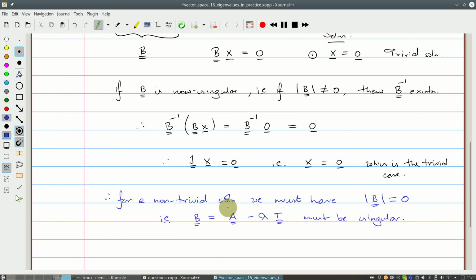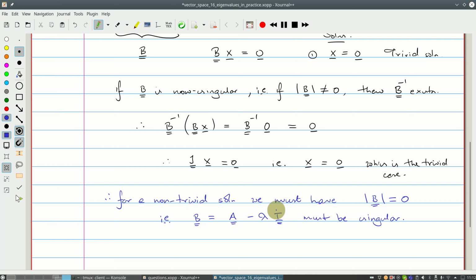Now, it doesn't mean that the matrix A is singular. What's going to happen here is described graphically by 3Blue1Brown, so if you haven't watched that video, please do so. If you regard this matrix as a function of lambda, we're going to find out for which lambda this combination A minus lambda I is going to be a singular matrix.